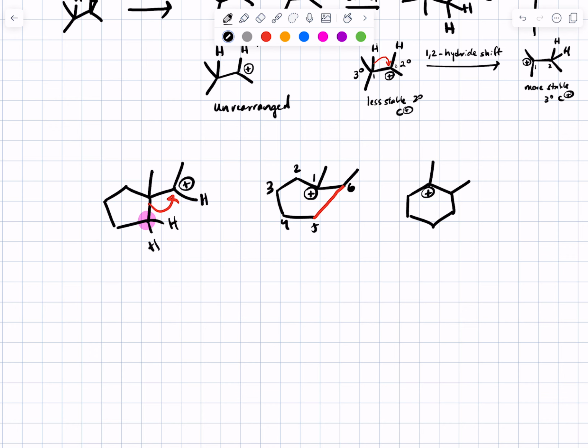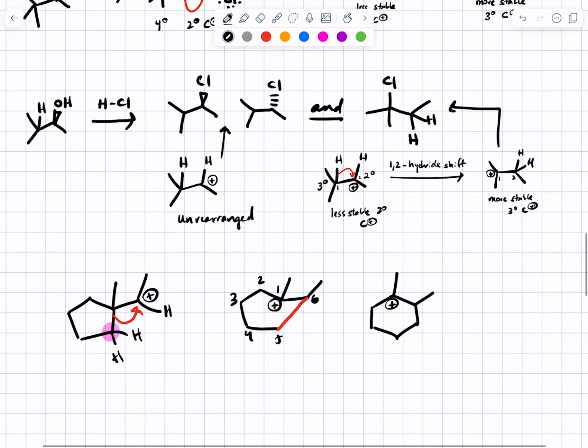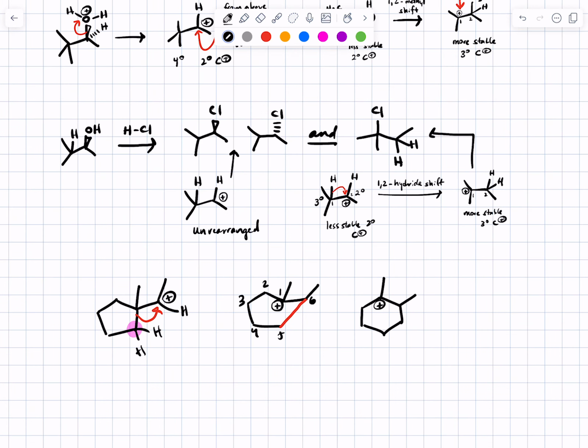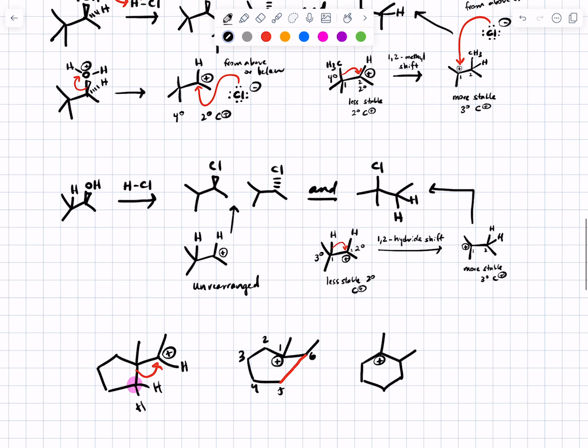Now, before you withdraw from the class, I will tell you that the only time I want you to predict that a carbocation rearrangement would happen is in the times described here: a secondary carbocation adjacent to a tertiary or quaternary carbon.